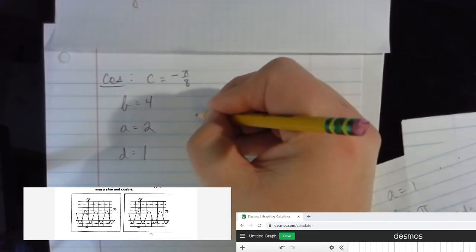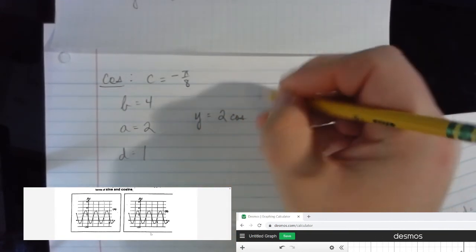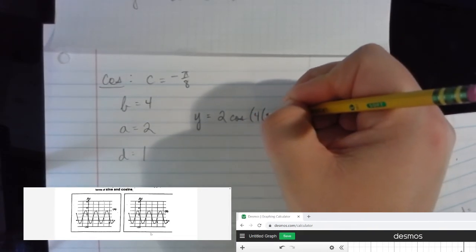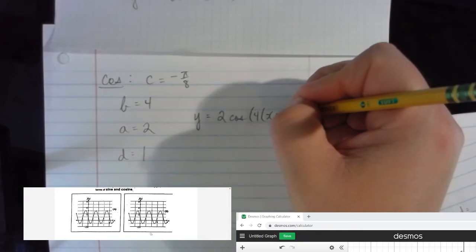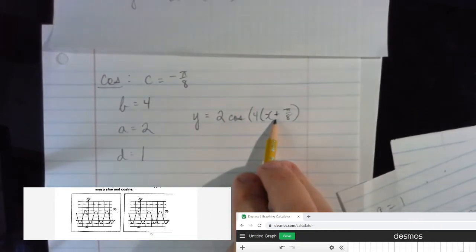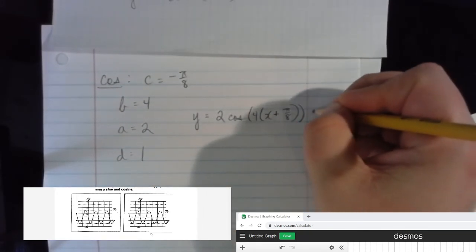So my equation for cosine is y equals 2 times the cosine of, open a bracket 4, open another bracket, x plus pi by 8. Remember that the formula is minus c, so if c is a negative, it's minus a negative, that's why it's plus, and then plus 1.